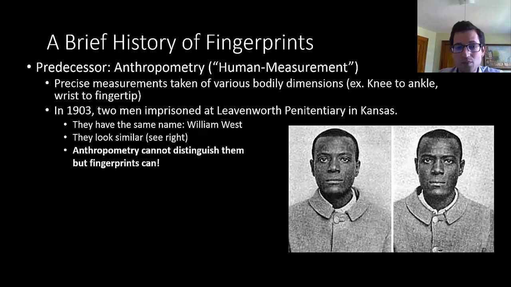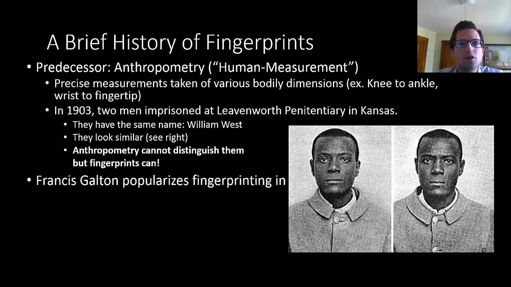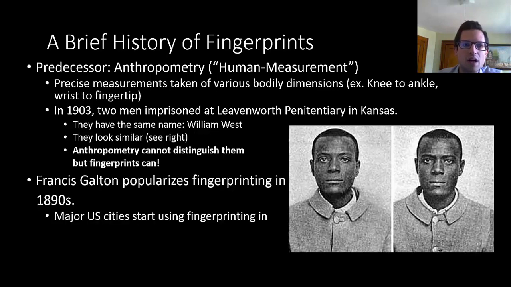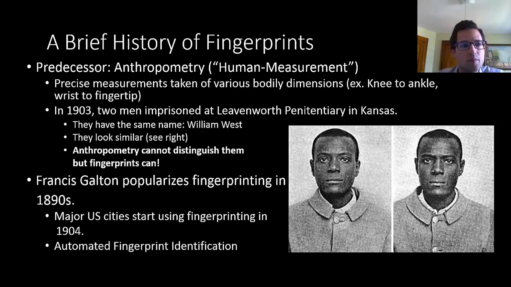and this is how they were eventually distinguished. So Francis Galton was the one who popularized fingerprinting. This was in the 1890s, but the use of fingerprinting didn't really take off in the US until a bit later in 1904, after this case of William West and William West, and after actually Scotland Yard came to the US and did some demonstrations for police agencies here, showing that fingerprinting was pretty good and it worked well.